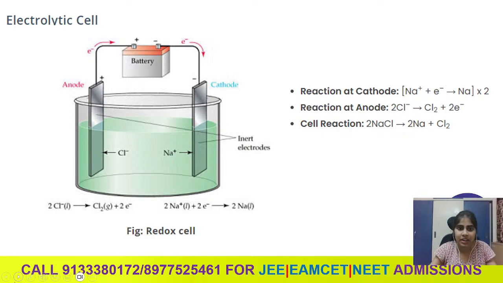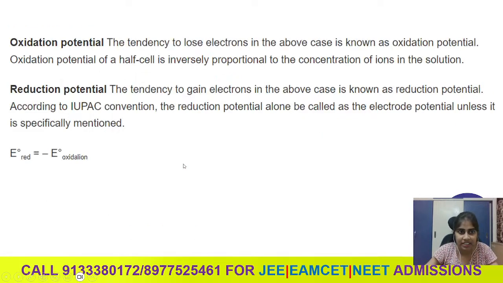There we have 2 containers, here we have a single container, and we can see they both are connected by a salt bridge. Here there is no salt bridge used, and same we have reactions at anode and reactions at cathode, and there is a cell reaction. In this way we can observe reactions in electrolytic cell.